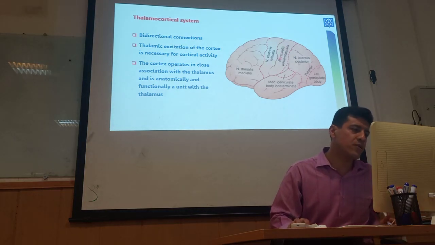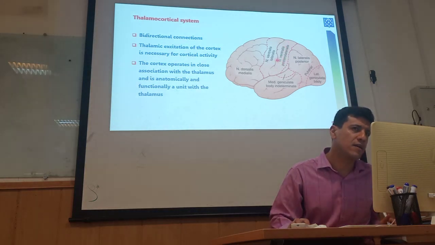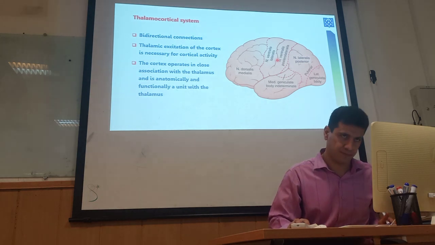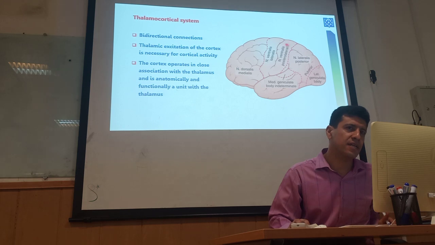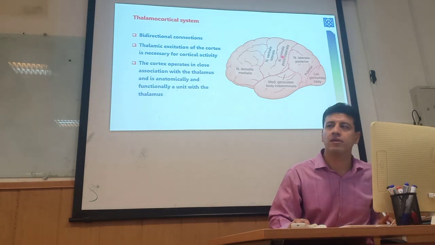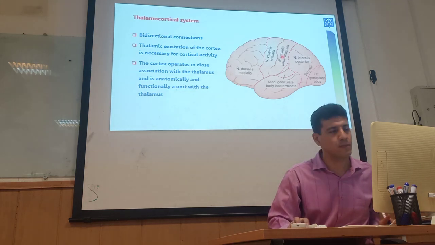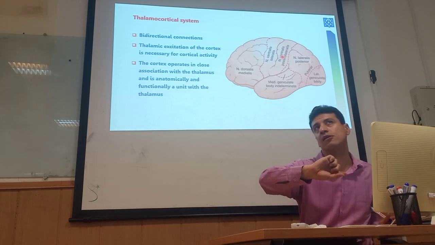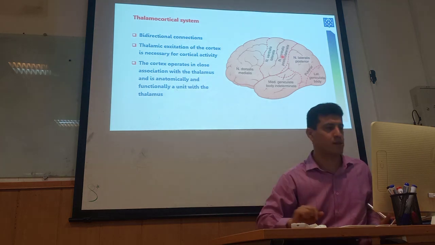So, somatosensory cortex, right? Face is represented here. Face is connected with the VPN median. Yes, medial. Leg is represented here, and the body is also here. So they are connected with ventral posterior nucleus, lateral. So, specific nuclei in the thalamus are connected with the specific regions in the cortex.